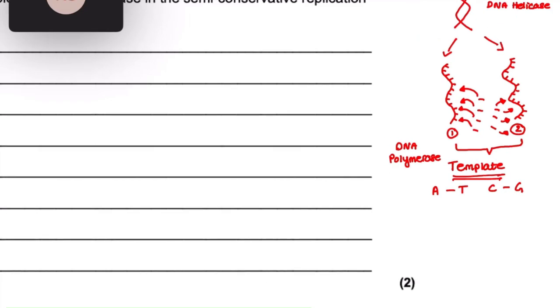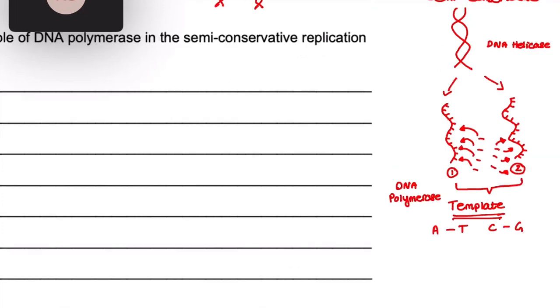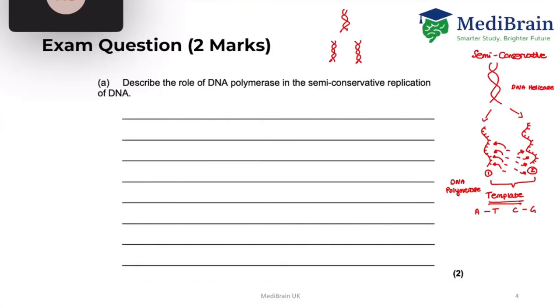We've got the template strands of DNA, the free-floating nucleotides being attracted to the complementary bases, and then DNA polymerase will finally fix together the bases, forming the phosphodiester bonds, and then you will have your brand new double helix of DNA.